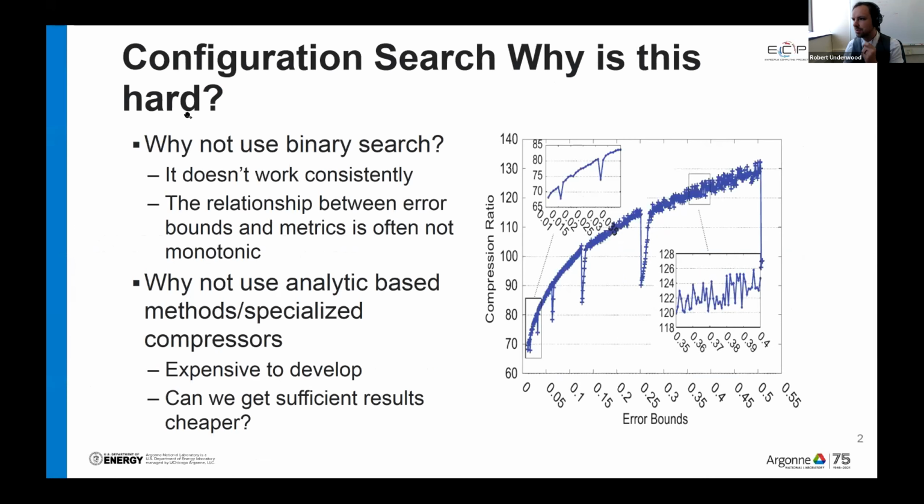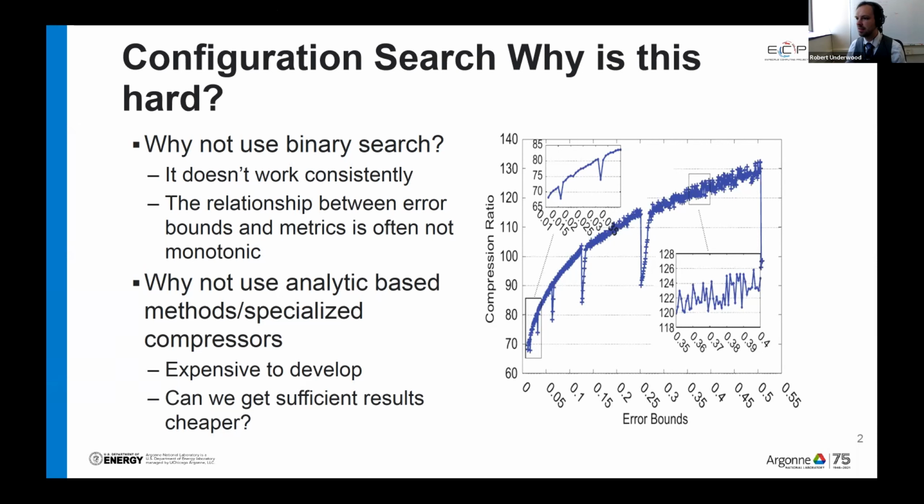So the question that we have here is, why is configuration search, why is finding a particular error bound that will maintain a user's particular quantity of interest, why is that a hard problem? Well, the relationships between these parameters can often be very complex. So if we look at the figure on the right, we see not only noise amongst the individual regions of the error bound corresponding to even a very simple metric such as compression ratio, we also see potentially large changes in this parameter as we go along the domain.